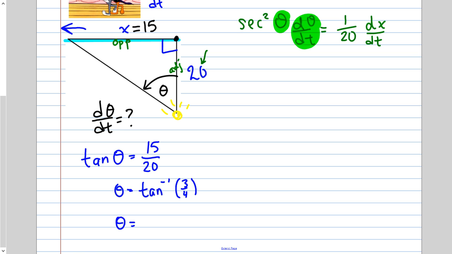Now, you could figure out the angle as a decimal, or you could just use this entire thing as your angle, because we're going to plug it into the equation up there. Your choice. If you want the most accurate answer, tangent inverse of 3/4 is going to give you the most accurate answer. Or if you don't want to plug all that in, when you find the decimal, round to as many decimal places as possible.